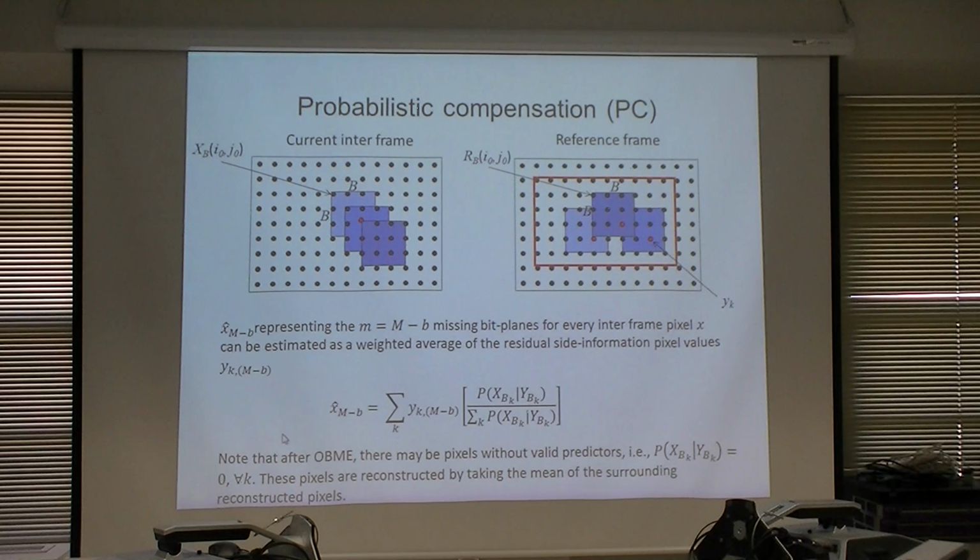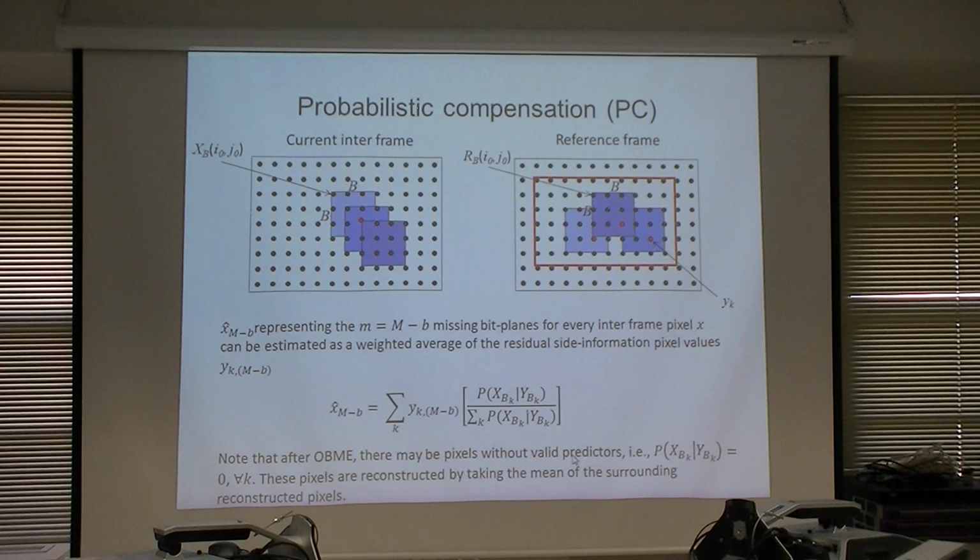Here, we should note that after performing the overlapped block motion estimation, there will be pixels that cannot find side information pixels in the reference frame. At that time, the probability of X BK given Y BK is equal to 0. It means that there are no same pixels between the current block and the best match block in the reference frame, no similarity.